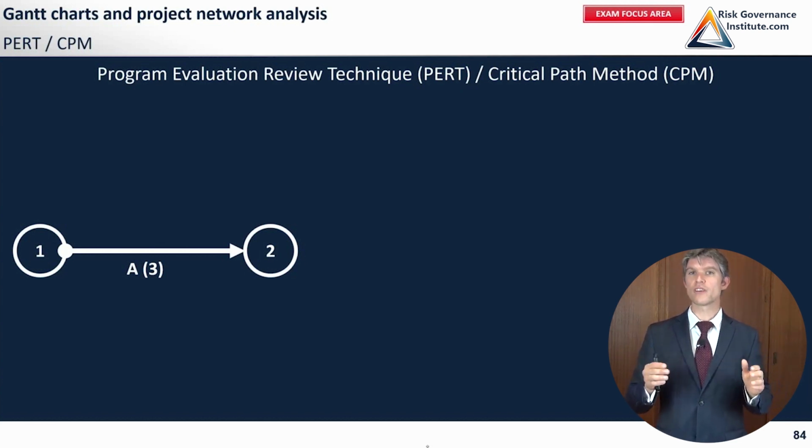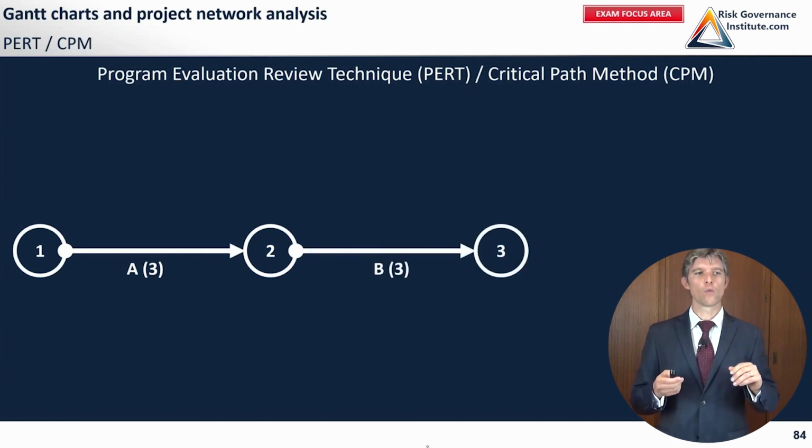In this example the duration is 3. Maybe it's 3 weeks. I tend to use this when planning for yearly audits, by using weeks rather than, say, days or months. So we have activity A going from point 1 to point 2, lasting 3 weeks.